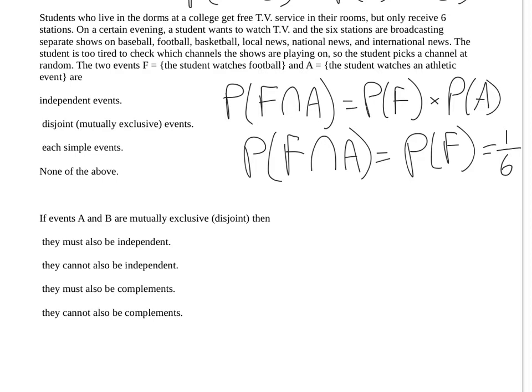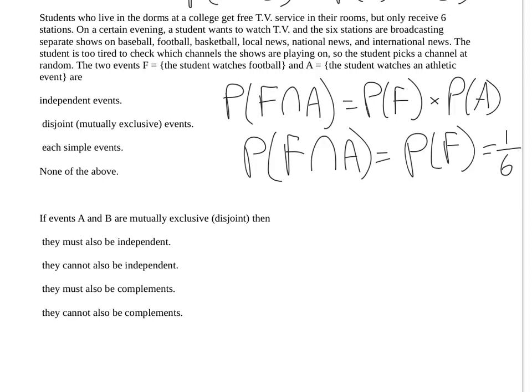But that means that they can't be independent, right? Because probability of football is 1 over 6. Probability of this is 1 over 6. The probability of watching an athletic event is not 1, right? It's 1/2. So if they were independent, it would be 1/6 times 1/2. This probability here would be equal to 1/12, right?